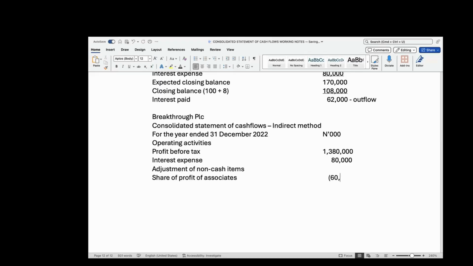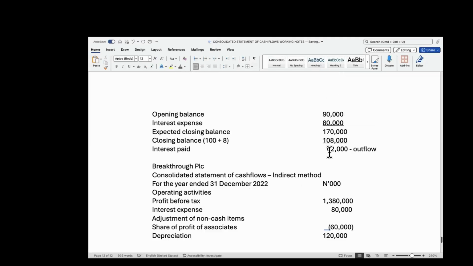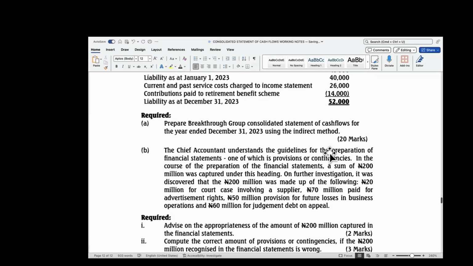So 60. And also, remember there was depreciation that we're told in the question that there was depreciation of 120,000 from note 1.